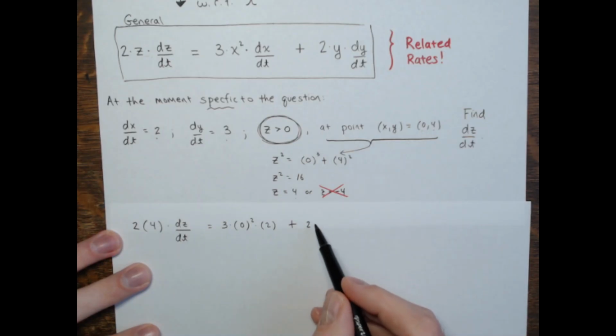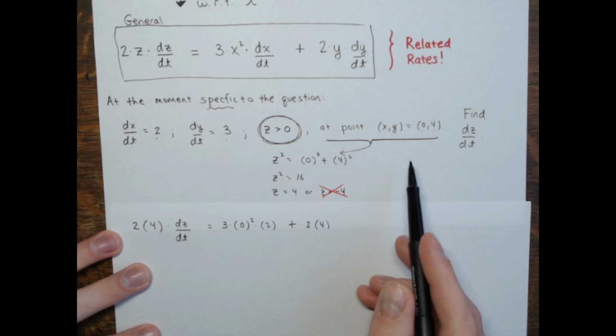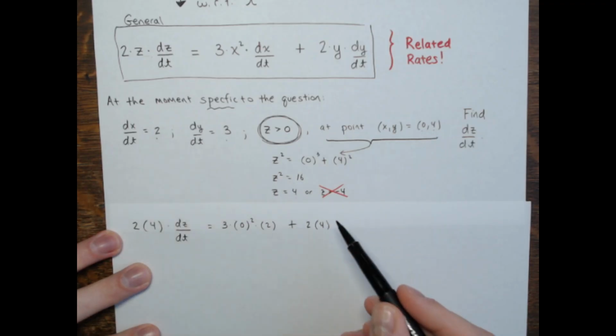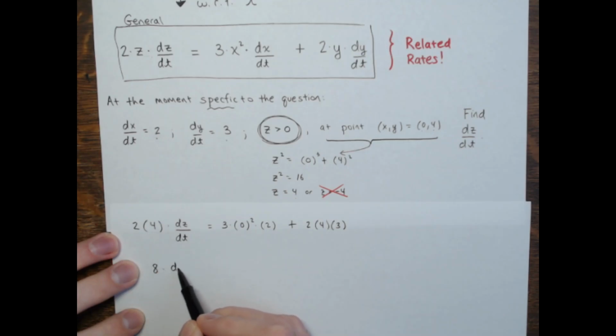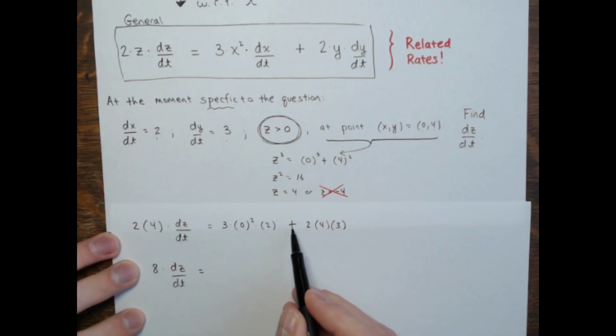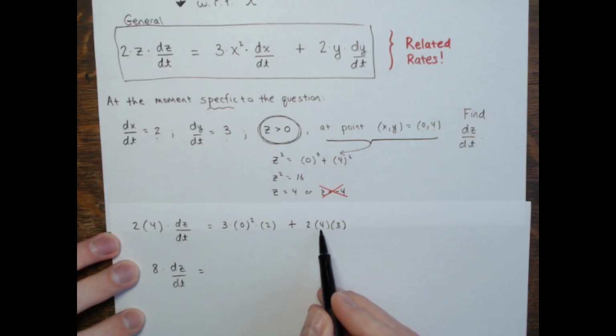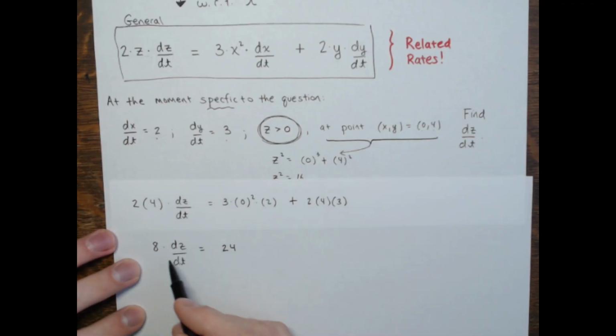So 2 times 4, right, y was 4, and y prime, dy dt, was given as 3. So after all this, left side we have 8 times z prime, dz dt, equals 0 plus 24, 2 times 4 times 3. And then I divide both sides by 8, and we've got it, right?